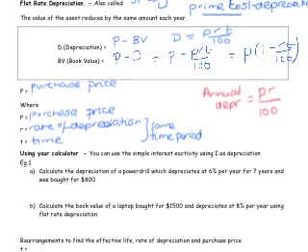And the only reason we really want to do that is because then, if we know the book value, we can then rearrange this to work out the purchase price. So I'll do that down here. Purchase price is the book value divided by 1 minus RT on 100.